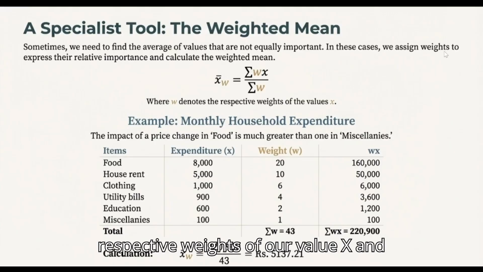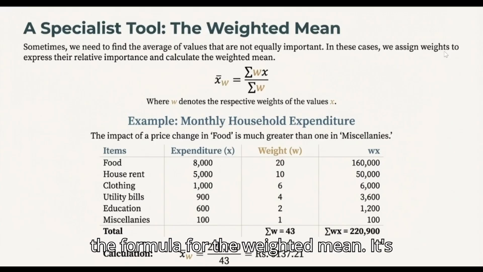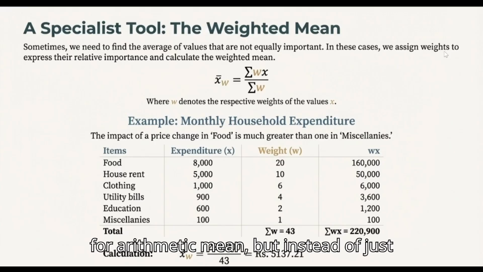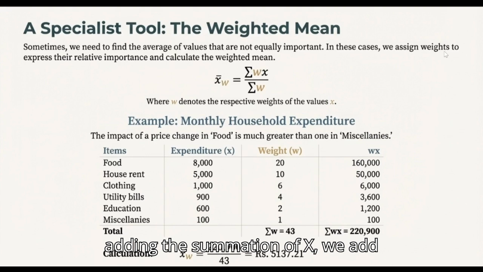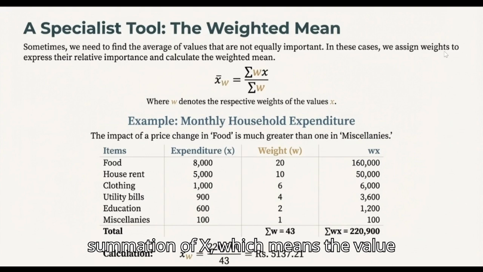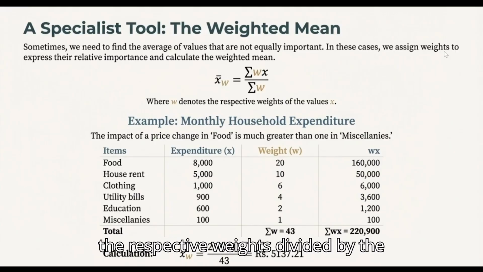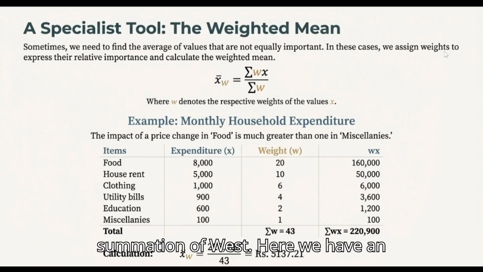W here denotes the respective weights of our value x. The formula for the weighted mean is the same as the formula we used for arithmetic mean, but instead of just the summation of x, we use the summation of wx, which means the value of x multiplied with the respective weights, divided by the summation of w.